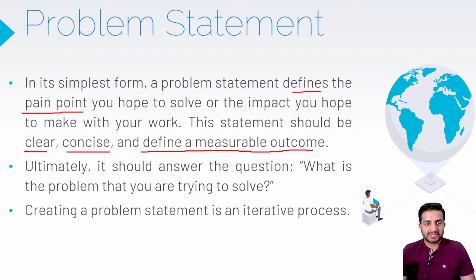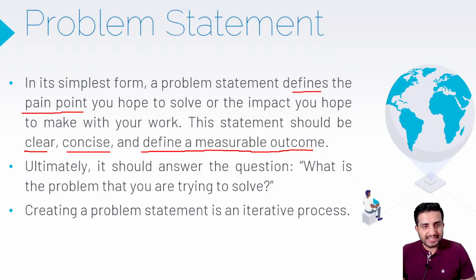The problem statement should be as clear as possible, like identifying the fraud payments which are happening on the EMIs. Pretty clear? So we always talk about writing very clear problem statements, which identify or address the pain point I'm trying to work on.